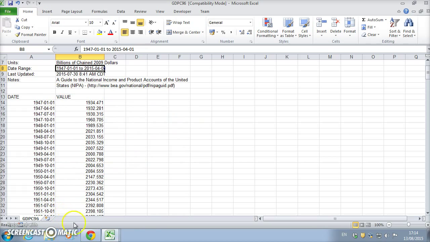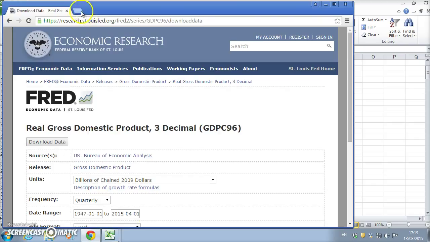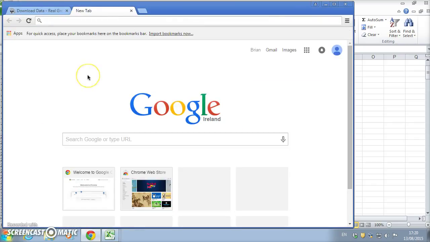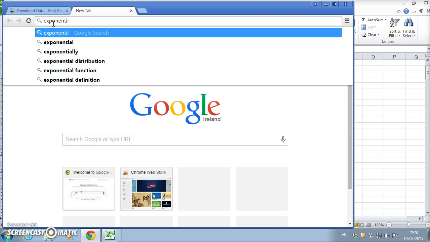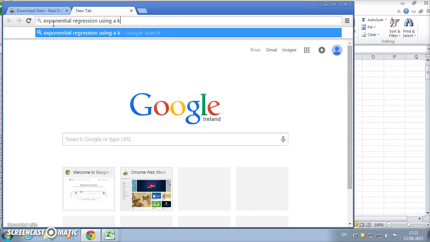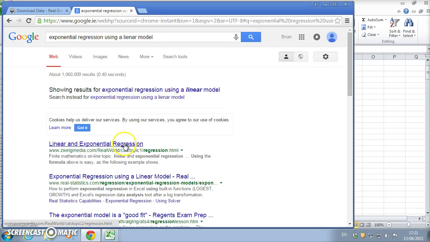The technique I'm going to use here will involve an exponential regression, using a linear model.